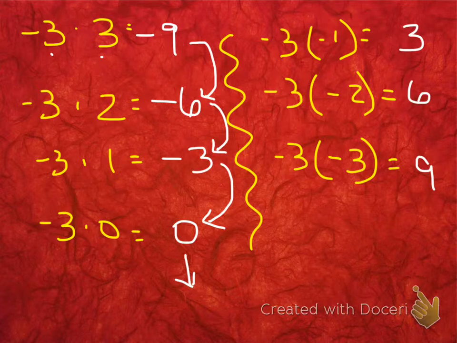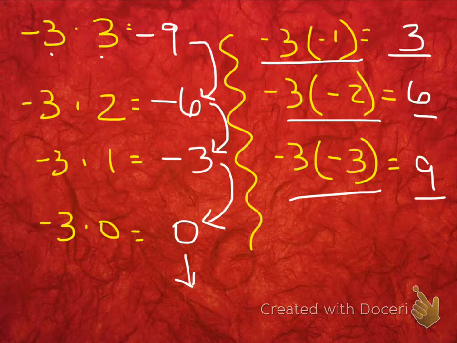I want you to notice we're no longer in negative values here. So we have to continue with the pattern of going up by 3. And in doing so, we became positive. We had 2 negatives here. I'm multiplying a -3 and a -1, and 2 negatives turned into a +3. 2 negatives turned into a +6, and 2 negatives turned into a +9.